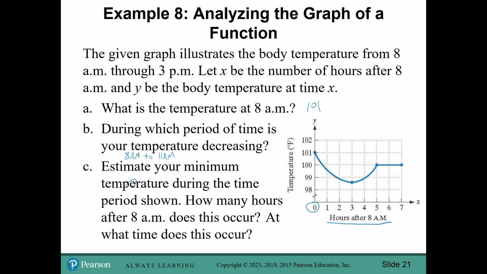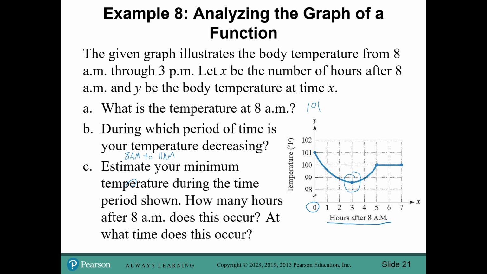Now, C says estimate your minimum temperature during the time period shown. How many hours after 8 a.m. does this occur, and at what time does it occur? Okay. Our minimum temperature appears to be right here at this dot. And at that dot, it appears that it might be somewhere between 98 and 99.